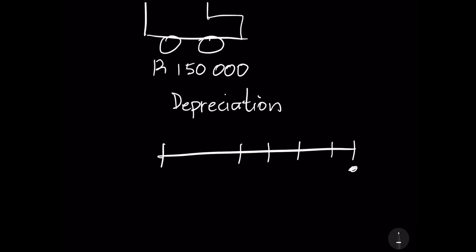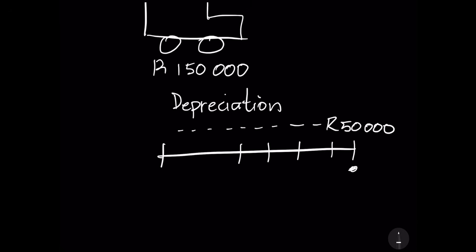However we want to calculate that depreciation, suppose at the end of 5 years the car doesn't cost 150,000 rands anymore. The book value on the car would now be 50,000. I'm just making an example with this. Remember, it kept on depreciating along the years.